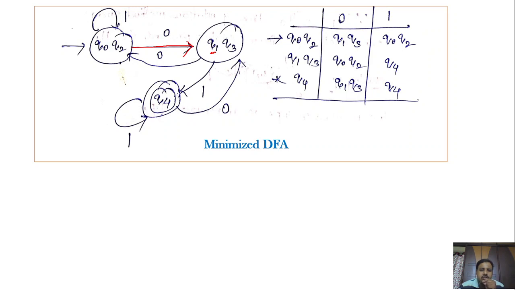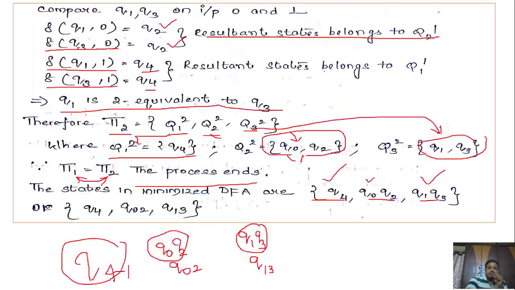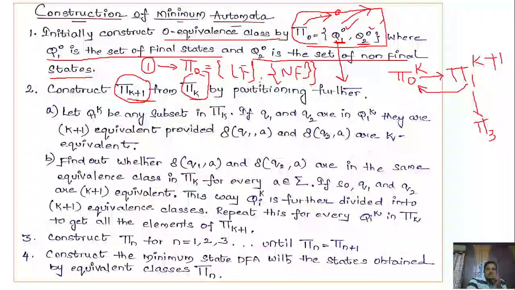Q1 on 1 goes to Q2, and Q2 is a member here, so we get a self transition, right? Like this, you have to specify the transitions by considering the given DFA.